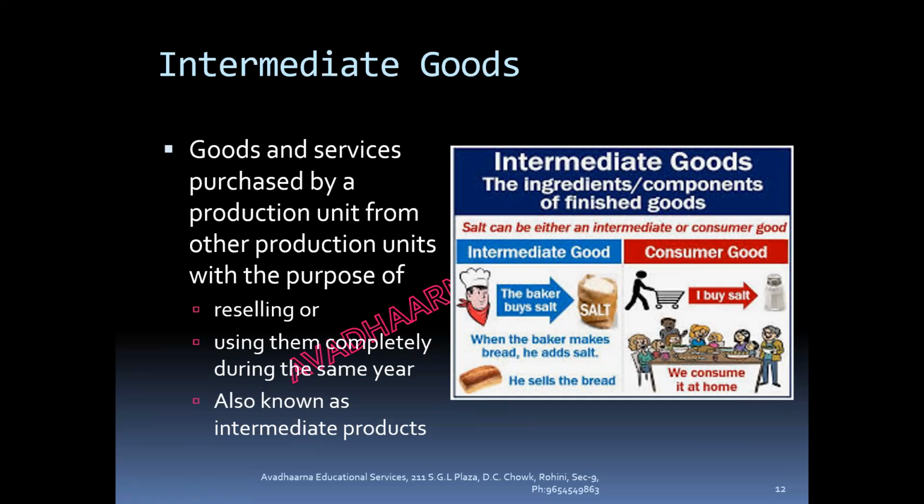The purpose of purchasing the good by one production unit from the other production unit is either to resell it by keeping a little bit of profit margin, or to use them completely during the same year. या रॉ मटेरियल परचेज किया है तो रॉ मटेरियल को प्रोसेस करके completely यूज कर लेंगे in the same year, and such goods are known as intermediate products.